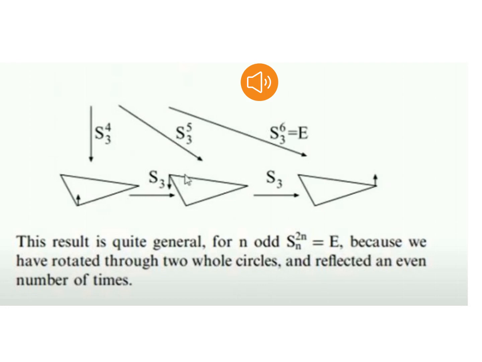If we rotate two whole circles and then reflect an even number of times, the result would be equal to identity. This is the result of applying the improper rotation operation on the triangular molecule.